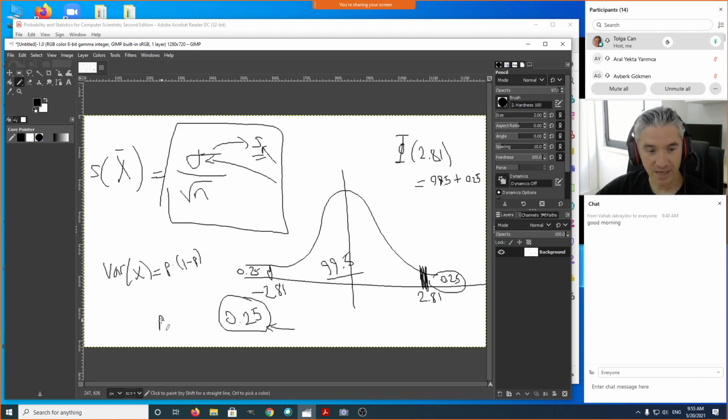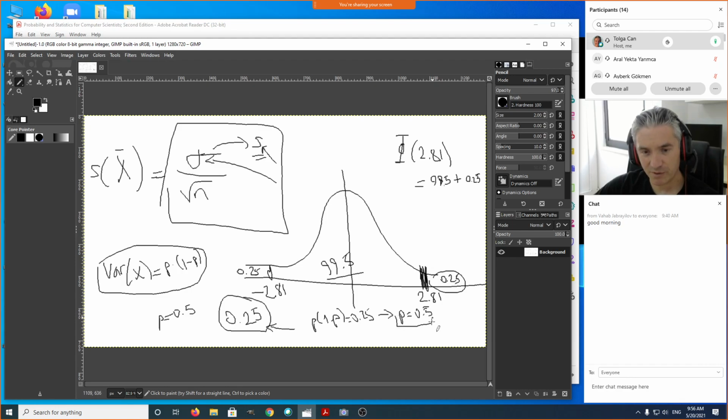It tells us that p is equal to 0.5, because there's only one unknown in this variance formula, which is p. You just say p(1 minus p) is equal to 0.25, and then you immediately solve for p, which is 0.5.